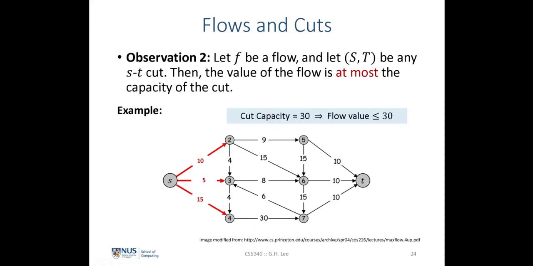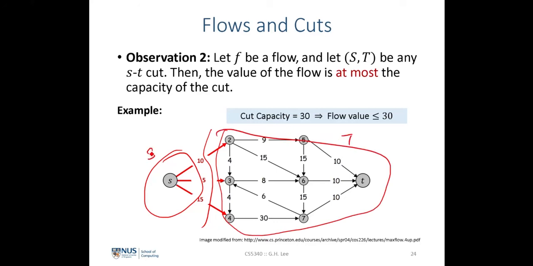The second observation that we can make is that, let f also be the flow from the source and let st be any st cut. Then the value of the flow is at most the capacity of the cut. So what this means is that if I were to make a cut over here, for example, which partitions this particular graph into two sets S and T following this ST cut, then the maximum amount of flow that I can send across from the set of nodes S to the set of nodes T had better be well under the capacity of the cut.